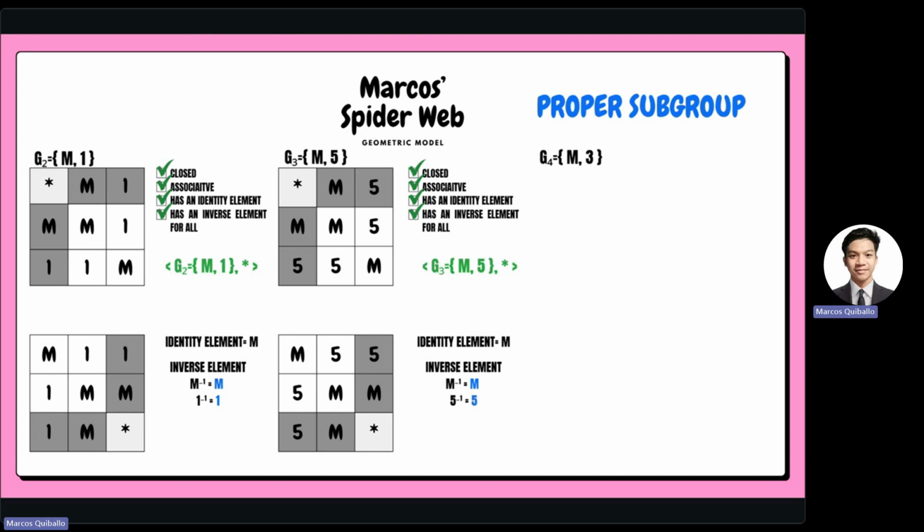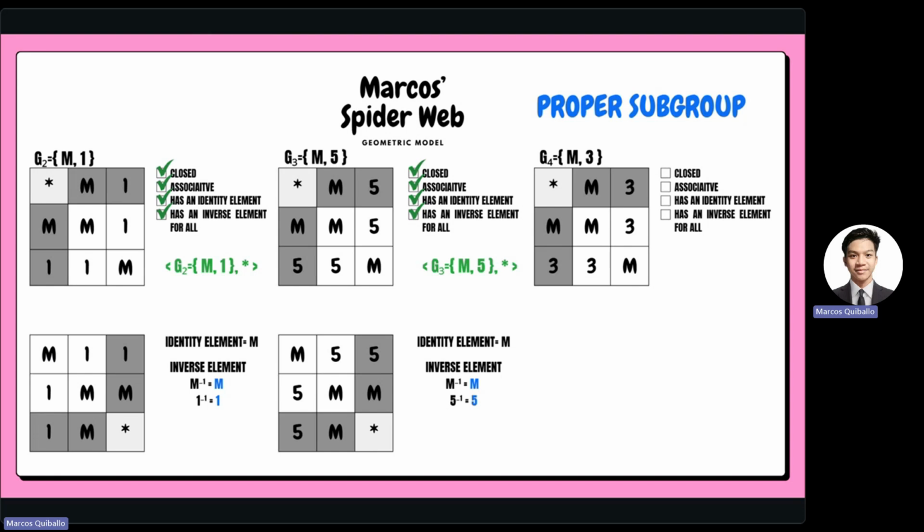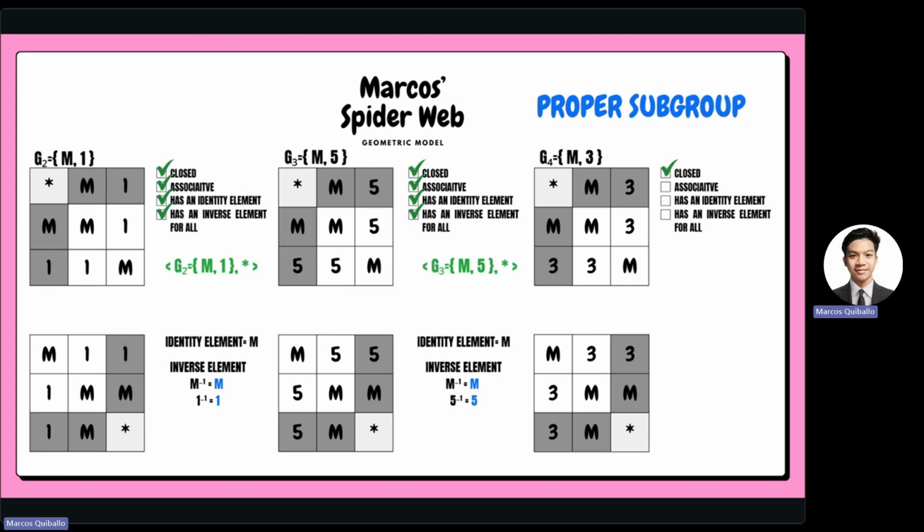For our G sub 4, containing the elements M and 3. So this is our table here. It is closed because all the outputs are within the set G sub 4. When we rotate the table 180 degrees, it is associative.